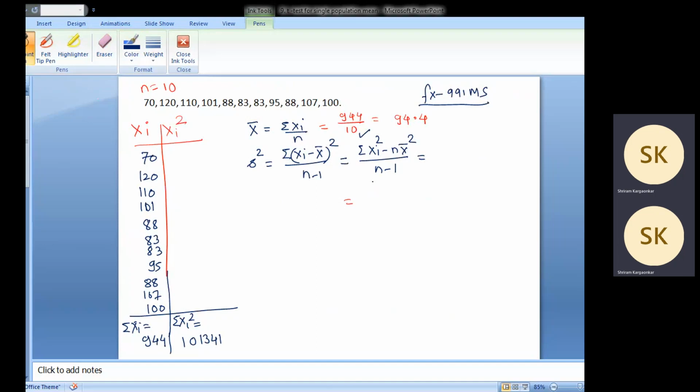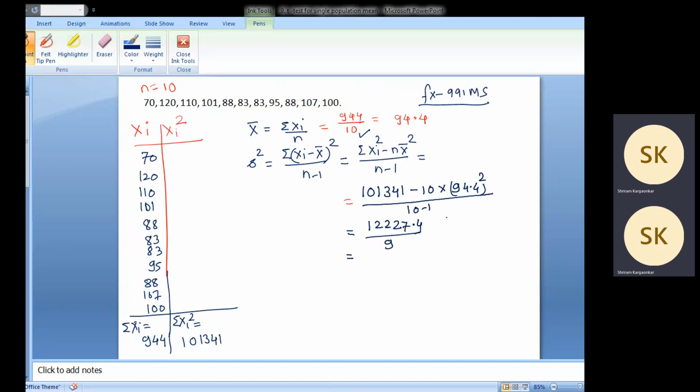For summation xi square, it is 101341 minus n, which is 10, into x bar, which is 94.4 whole square, upon n minus 1, meaning 10 minus 1. So the numerator is 10 into 94.4 square, which is 89113.6 upon 9.